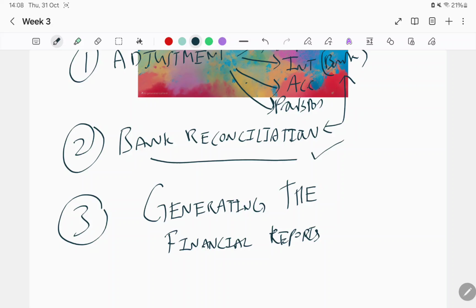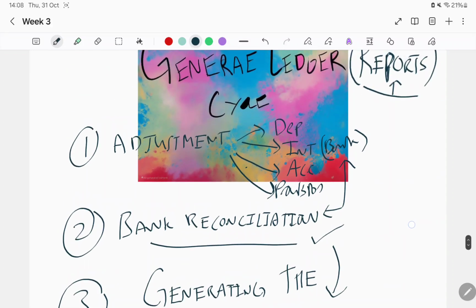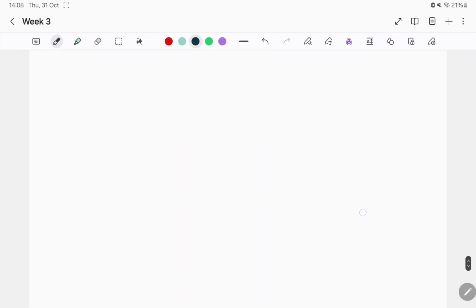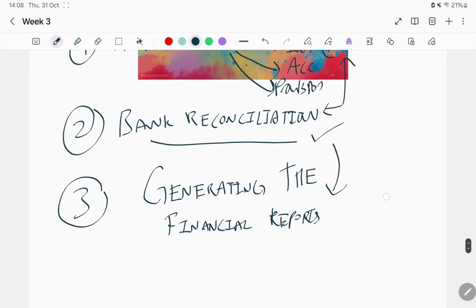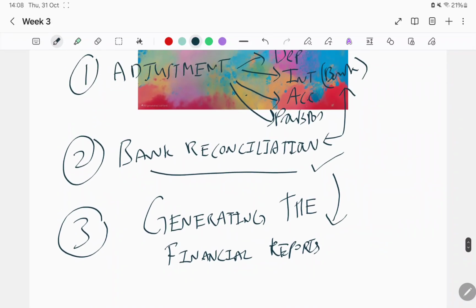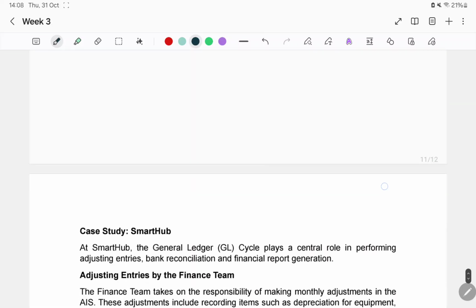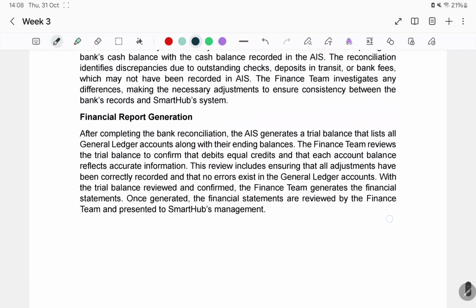All right, you check and then okay, it reconciles the bank between your system and the bank statement. Then you can generate the financial reports. And yeah, pretty much that's it. It is similar throughout the three types of businesses. That's it. That will be the case study we'll discuss. This one is very easy.